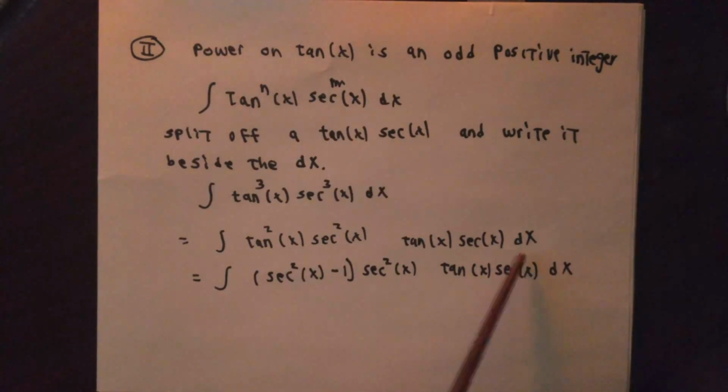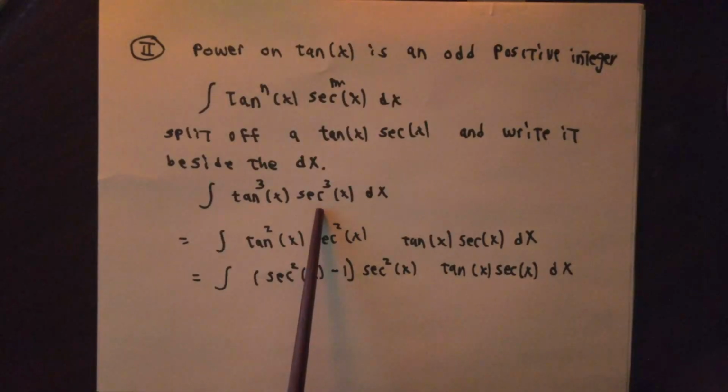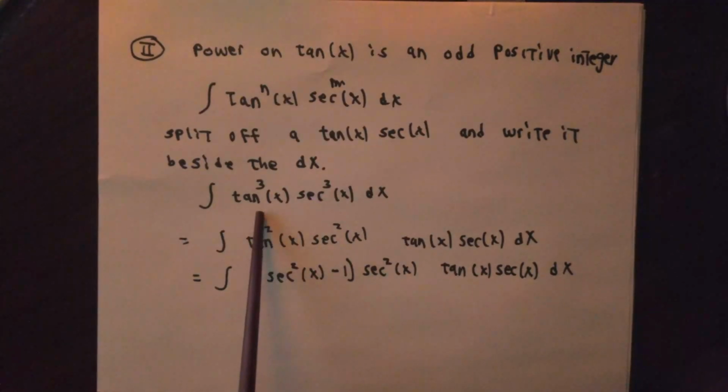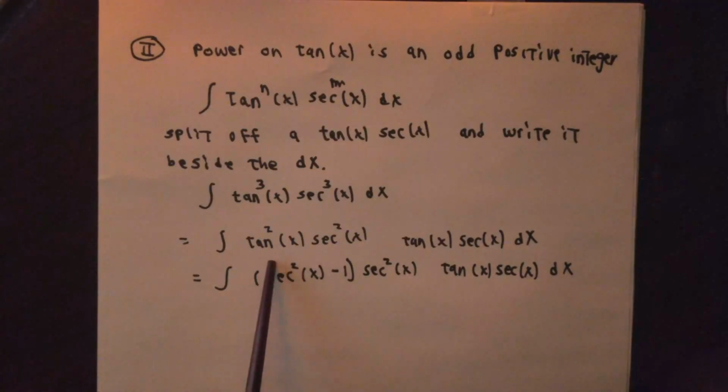In what's left, I used to have 3 factors of secant x. Now I have 2. I used to have 3 factors of tangent x. Now I have 2. But one of our trig identities says tangent squared of x is secant squared of x minus 1. So I'll write this tangent squared in that format.